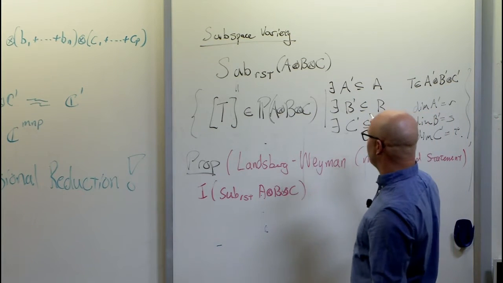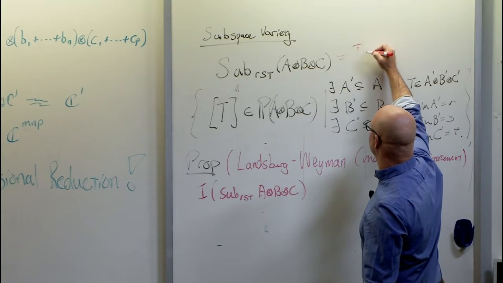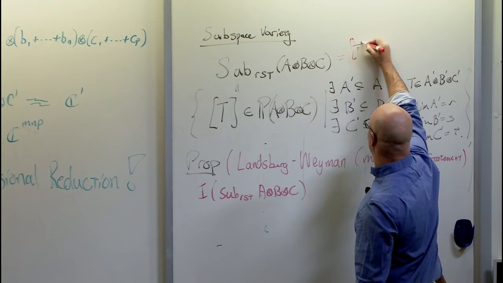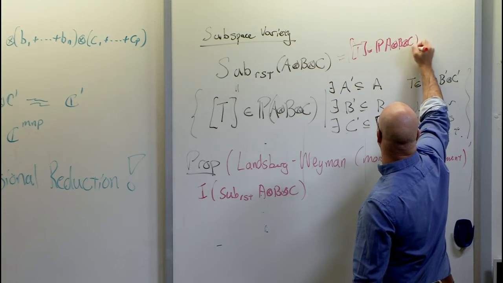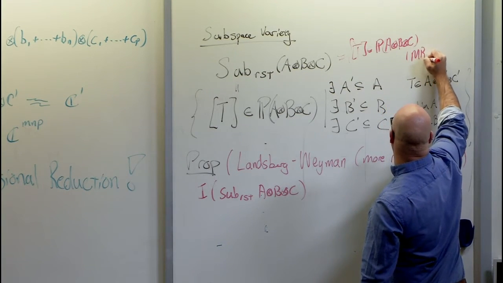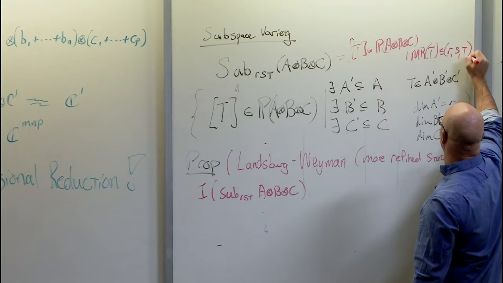How can I test whether my tensor has multilinear rank R, S, T? This is equal to the tensors, in another definition, the same definition, such that the multilinear rank of T is less than or equal to R, S, T.